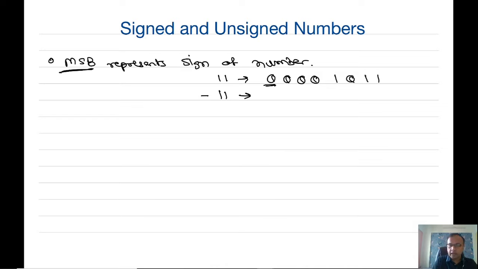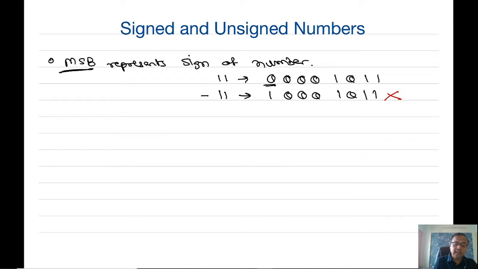And they try to make it like this: 1 0 0 0 1 0 1 1, and then they start believing that whatever number they have formed is -11. But is it really -11? No, it is not. This is wrong.